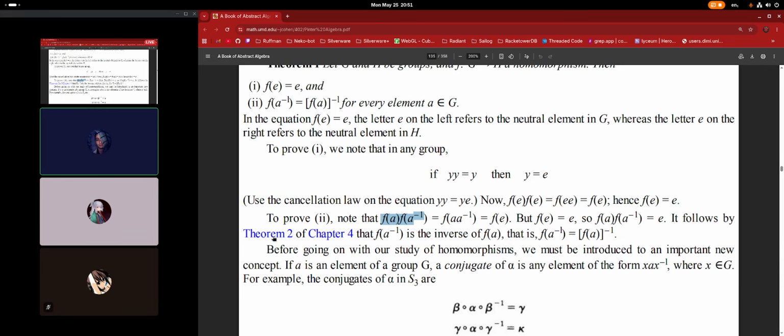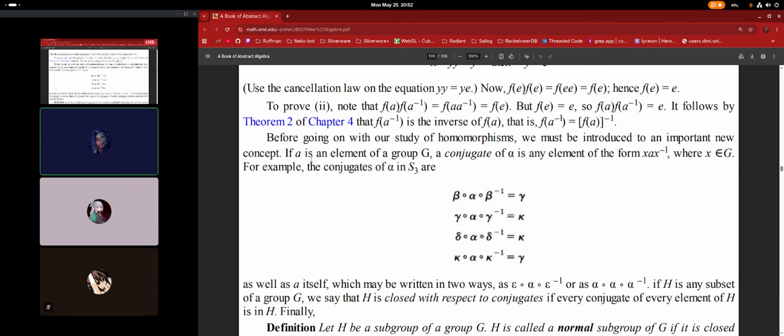It follows by theorem 2 of chapter 4 that a inverse is the inverse of f of a, that is, boom. Yeah, I don't remember. I think this is the one that says that if you have something and something else, and they are equal to the identity, then you can say this thing.